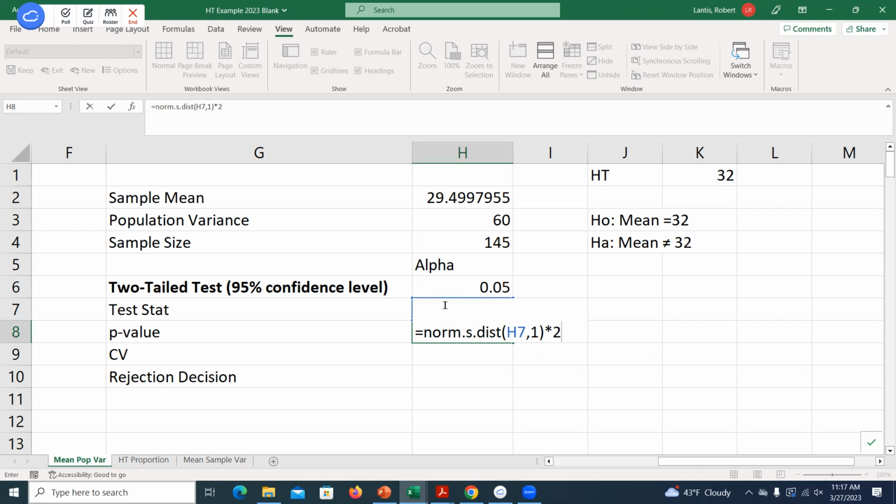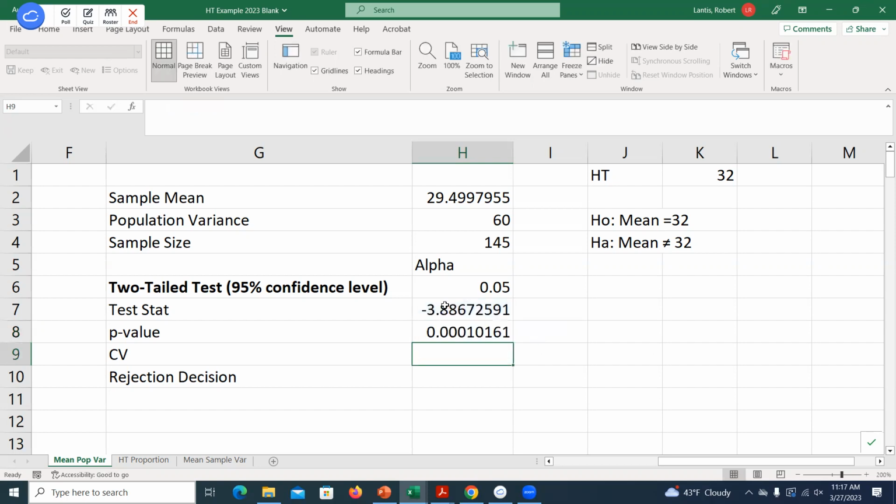Now, this is going to look a little bit weird because why is it 0.001 when I found 0.002 from the table? Well, I'll show you. If I get rid of this multiplied by 2, the area to the left was actually 0.00005, which it then rounded up to 0.0001. So it's a pretty big rounding error, but it's because we're out to the 4th decimal, right? So in Excel, we can be a lot more precise than we can with that table, especially when we're dealing with really low probabilities.